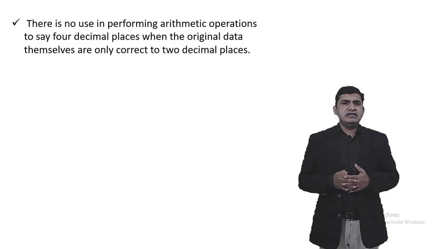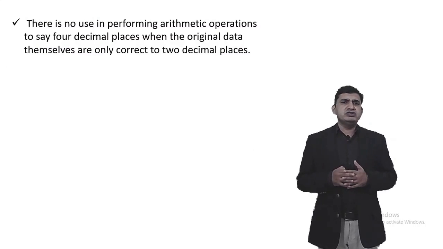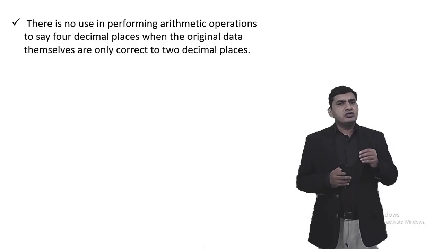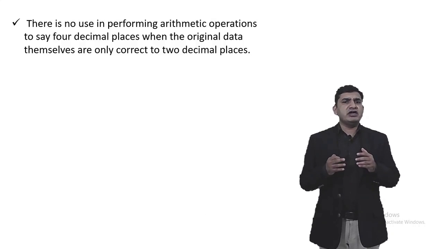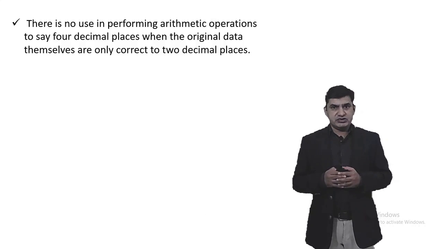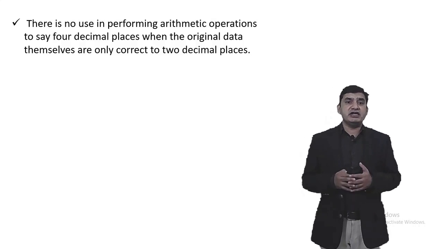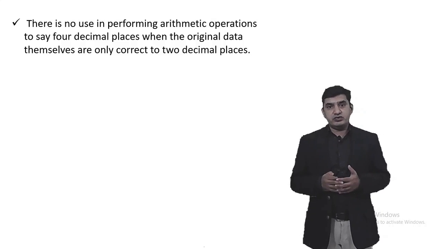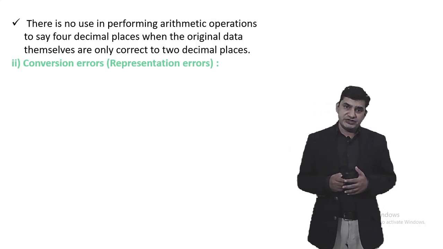There is no use in performing arithmetic operations to save four decimal places when the original data are only correct to two decimal places.